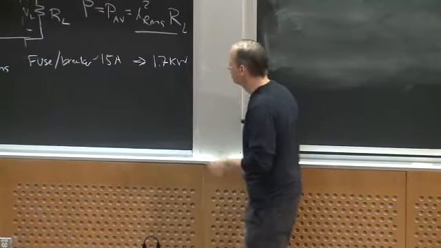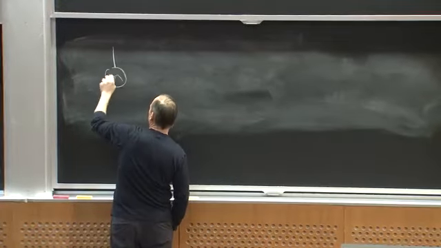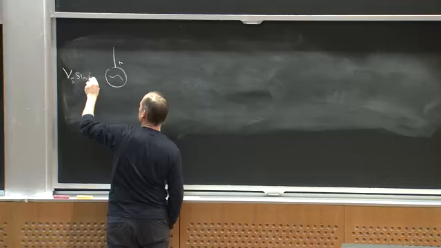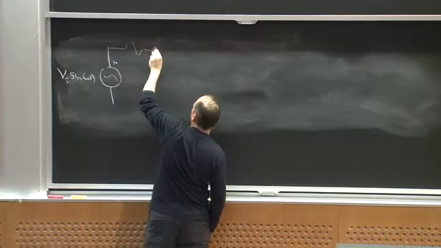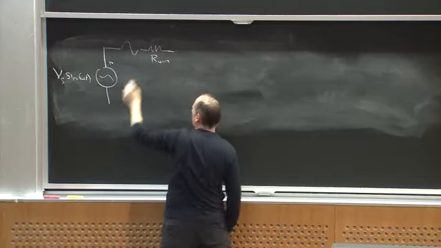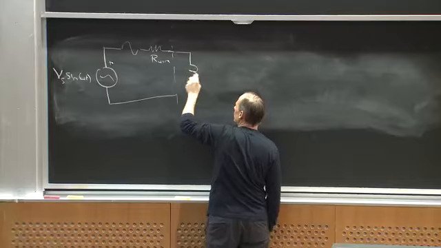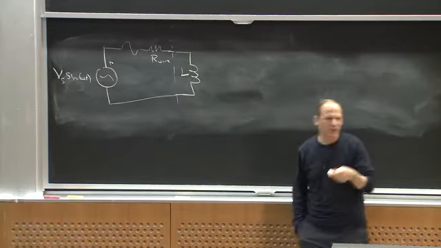Suppose I wanted to plug in a different load. So suppose I come back and here's Vs sine omega t. Okay, and here's my fuse and my wire. And now suppose I plug an inductor, L, into the wall here. I mean, it's not that cold these days.